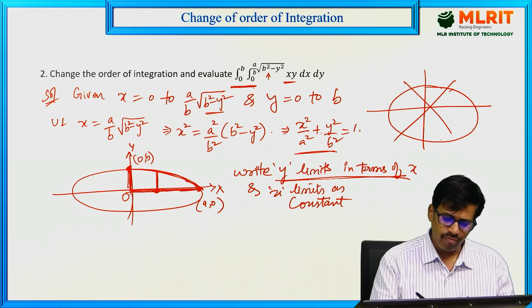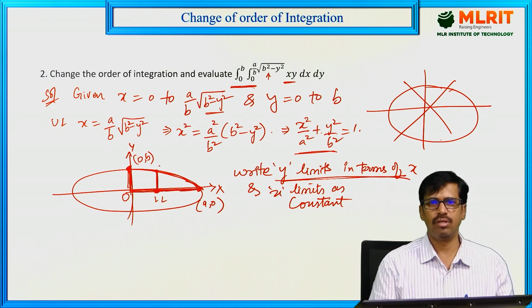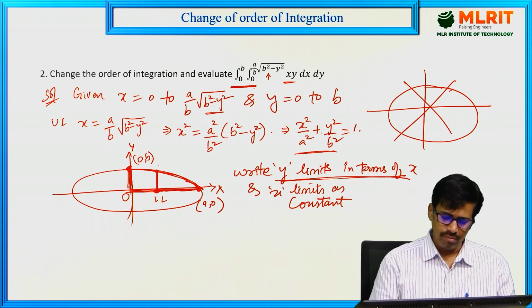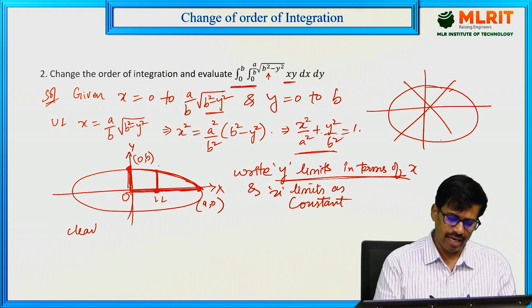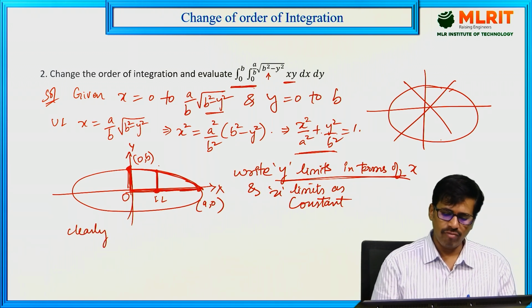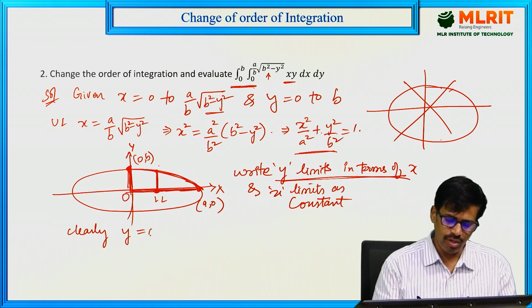The lower end of this vertical line touches the x axis, and the other end touches the ellipse. So clearly the lower end touches the x axis, that means y is 0, isn't it?